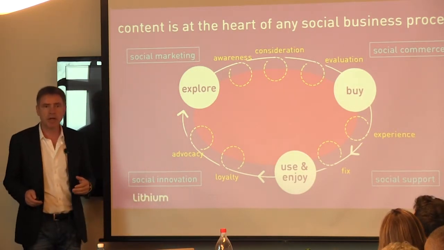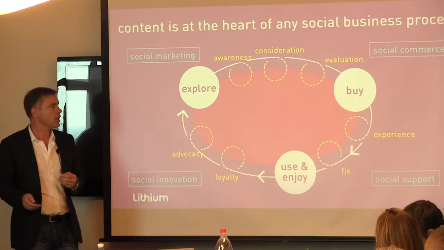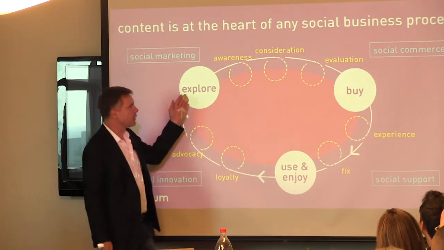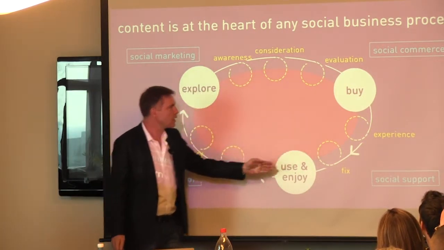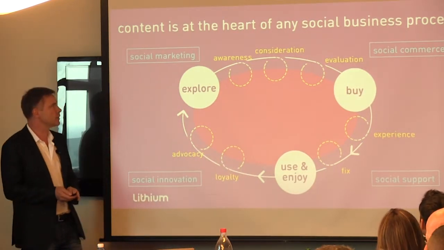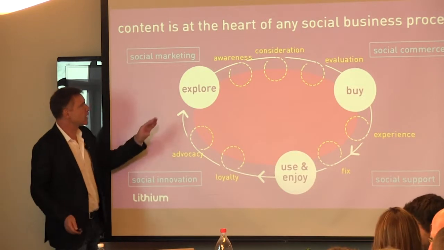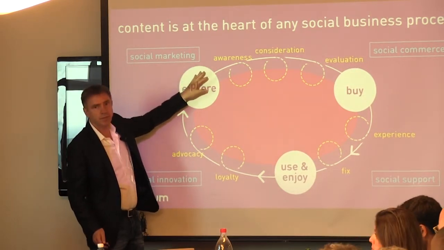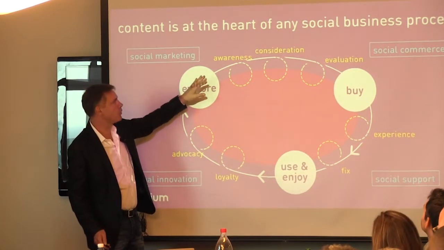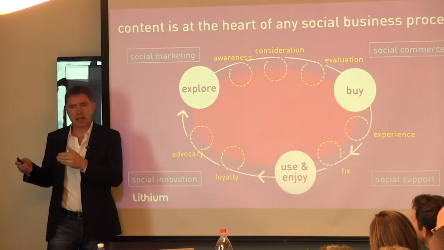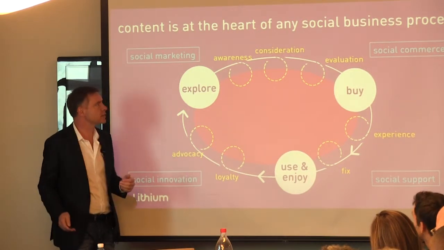And once you have such a community in place on your portal, you are able to implement the social business processes. And the next slide is showing the different kinds of these social business processes. It starts with generating awareness for your brand, for your service, for your product, by helping, for example, customers helping other customers.